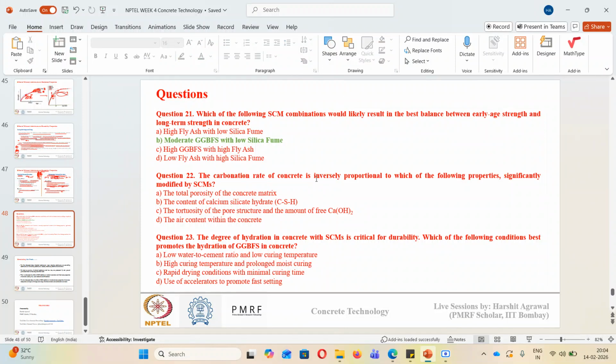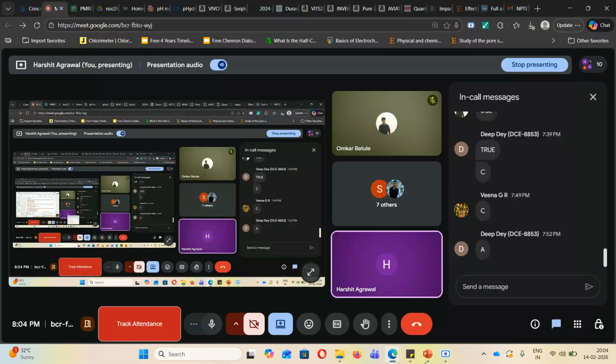The carbonation rate of concrete is inversely proportional to which of the following properties significantly modified by SCM? Which of the following properties influences the carbonation rate of concrete when SCMs are added? We saw the answer for this question just one slide ago.